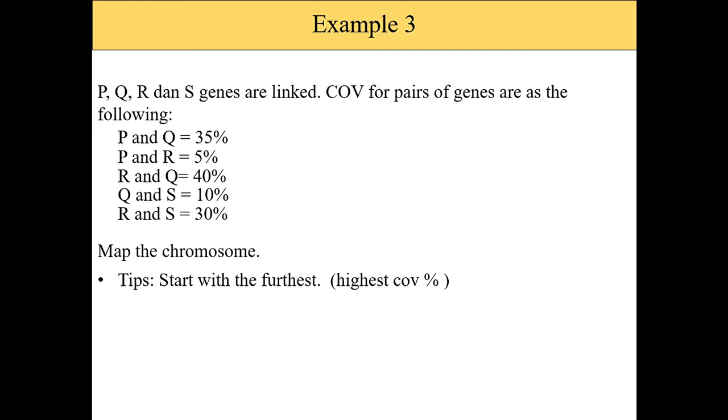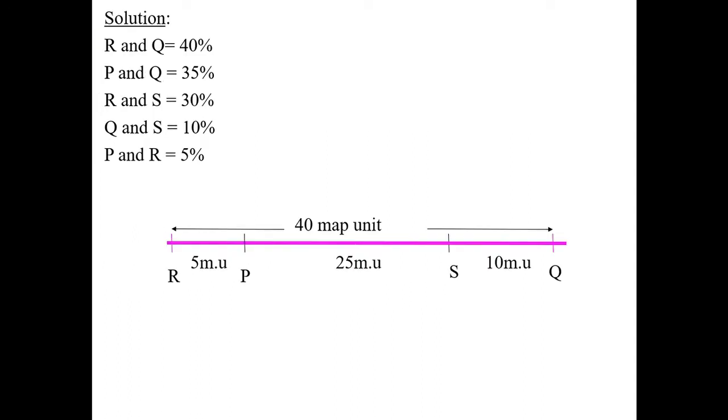That pair of genes are the furthest from each other. So it means R and S are in the middle of P and Q. Okay, let's look at the solution. First, you rearrange the pairs of genes with decreasing value of COV.